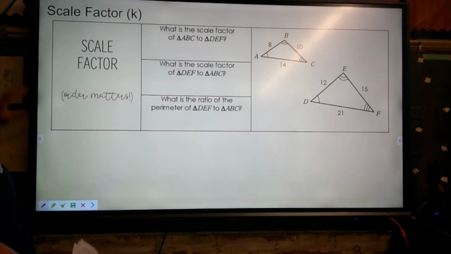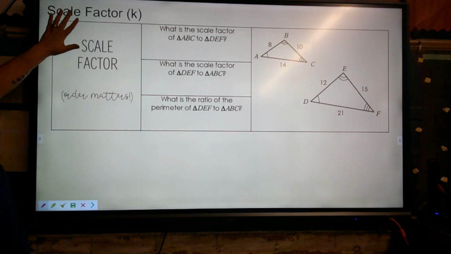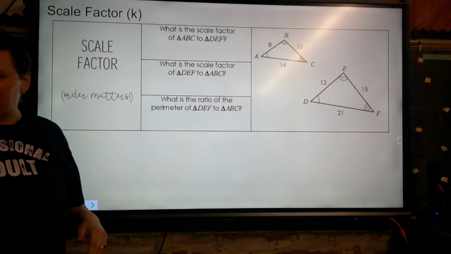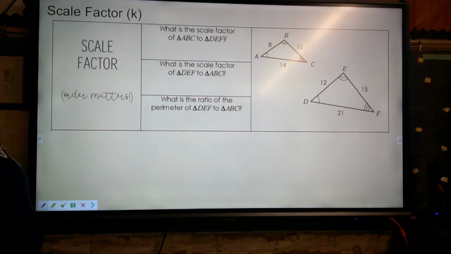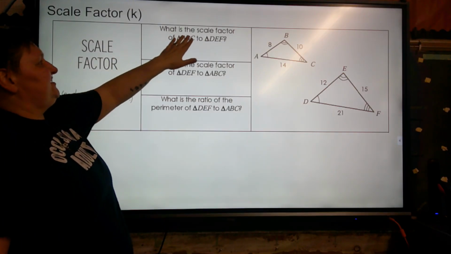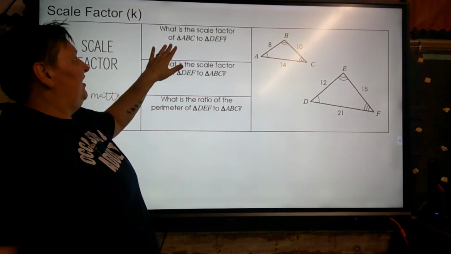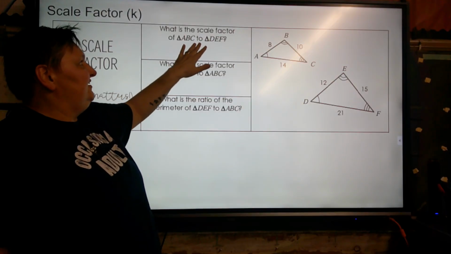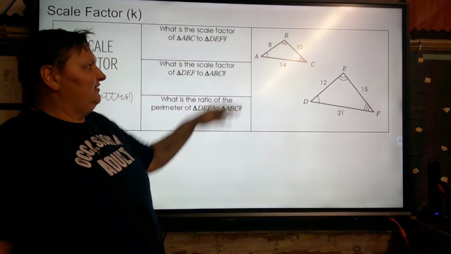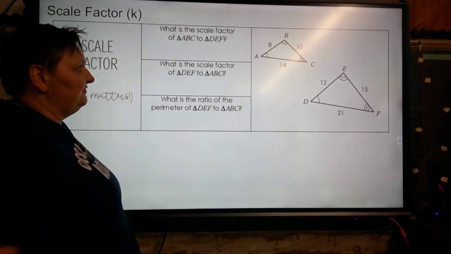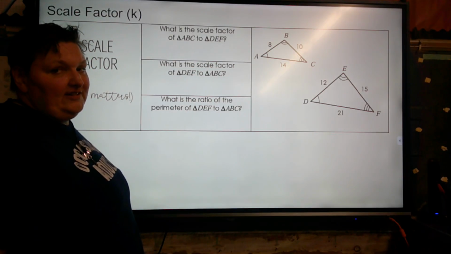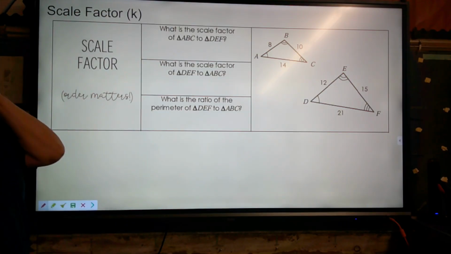All right, so quick look back at scale factor, just so we can see how it works with what we're doing now. What is the scale factor of triangle ABC to triangle DEF? How could you figure that out?